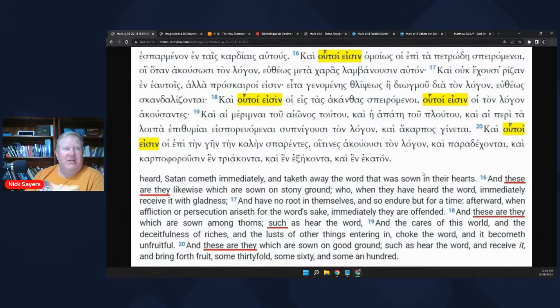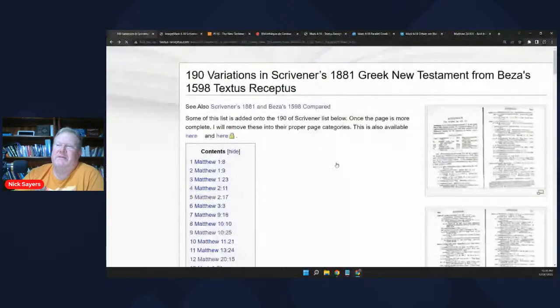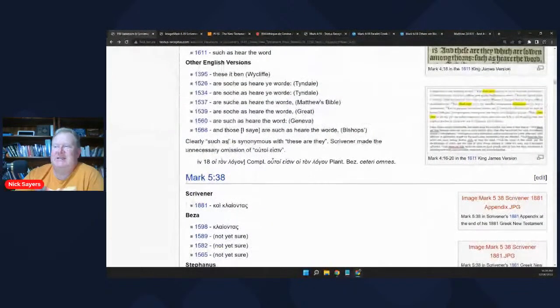You know, even in modern English, you can use that. It's not a complex thing to think about. And so I'll just jump back to my page here. So basically, yeah, I'll read this again. Clearly, such as is synonymous with these are they. Scrivener made the unnecessary omission of oti esin.